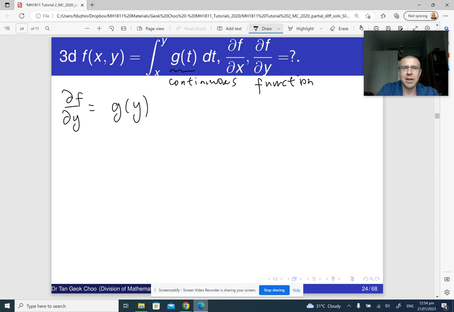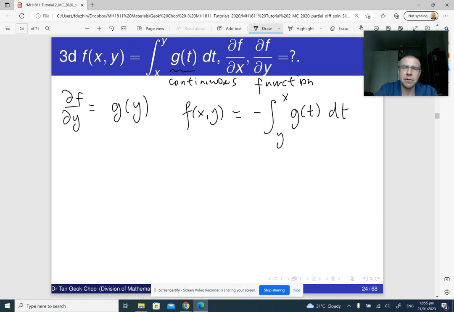To find df/dx, you need to realize that if you switch the limits of integration, you get the same thing only with a minus sign. So f of x, y, if you rewrite it as the integral from y to x, you just need to write a minus sign in front of it, and it's going to be correct. Why do we want to do this?